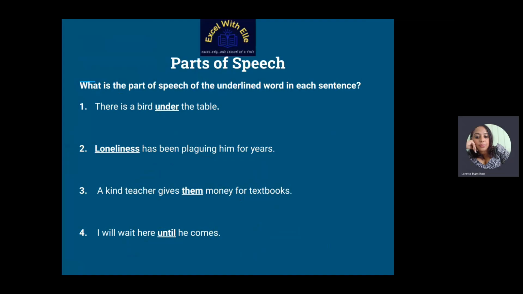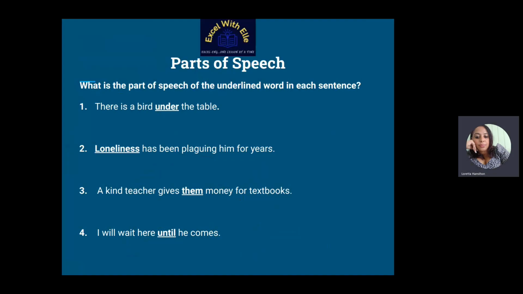It says, there is a bird under the table. So step number one, what is the function or the work of this word? Now the word under, it is used there to show a connection or a link between two words.